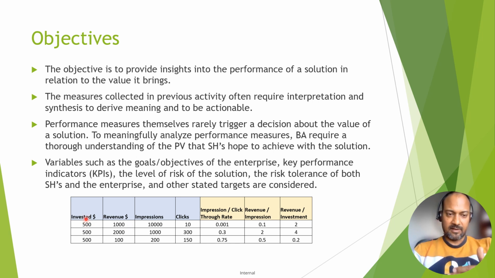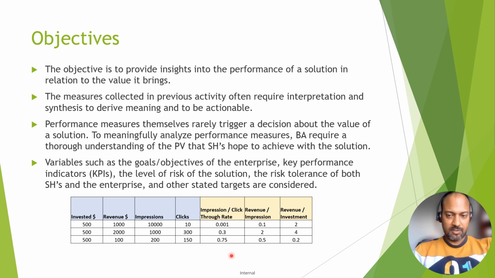If you look at 500, 500, 500, and now you got revenue of 1,000, 2,000 and 100, these two pieces of information do not tell you everything. In order to make it more meaningful, so that you are able to take a decision about further promotions, or about your content on the website and the products you're displaying, you need some key performance indicators, which we generally refer to as conversion metrics as well.